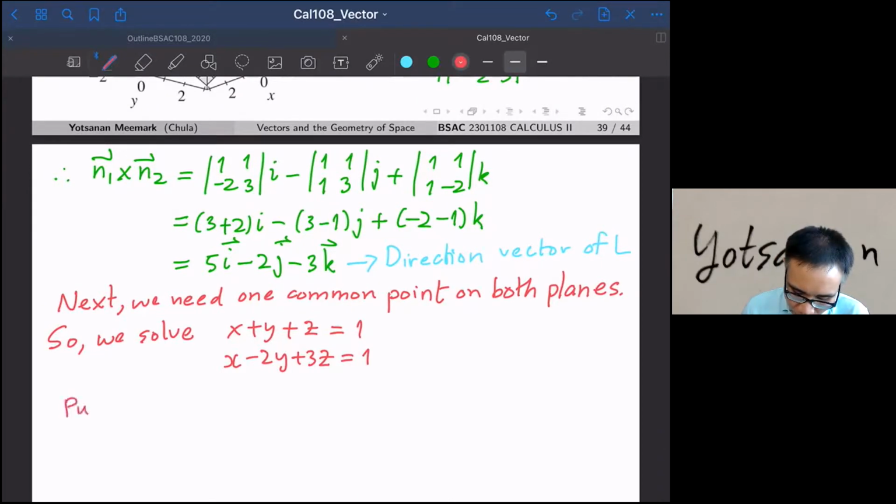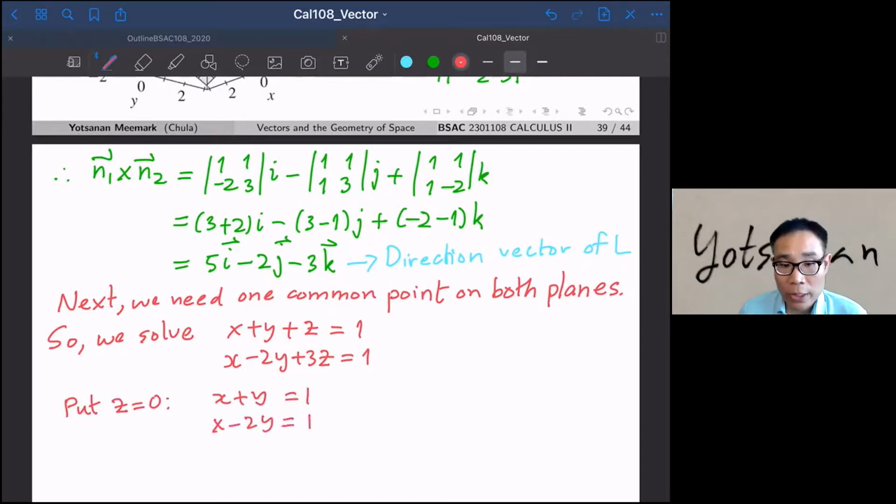In this case, I'm going to choose z equal to 0, because we need to get rid of one variable. So you get x plus y equal to 1 and x minus 2y equal to 1. We just need to get rid of one variable, and it's going to be just two variables here, which you can solve using the technique that you used in high school before.